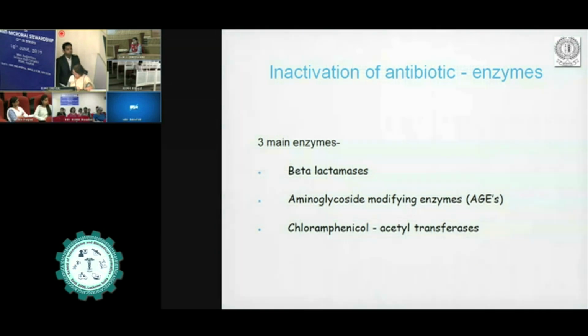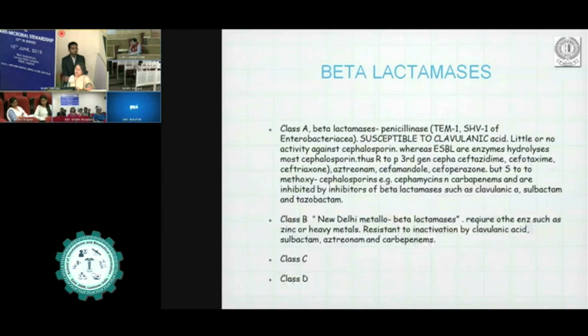But more important is the beta-lactamases. Again, in beta-lactamases, I'll just mention that there are different groups. But just please know that there are class A, class B, class C, class D, and all of this, which is not relevant. But then many a times we say ESBL, extended spectrum beta-lactamases.